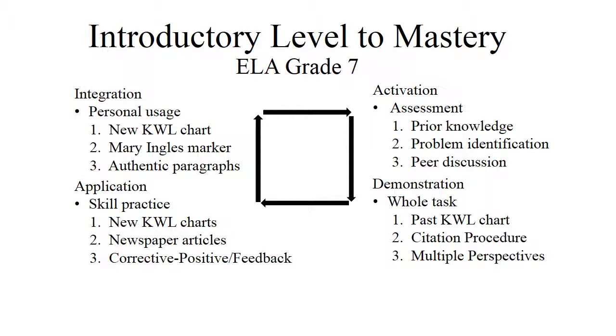Students complete another chart using a newspaper article to allow for multiple representations and real-world skill application. So those at mastery level or above may have diminished coaching here, leaving the teacher time to focus on other students.